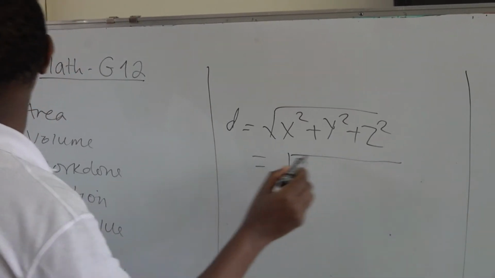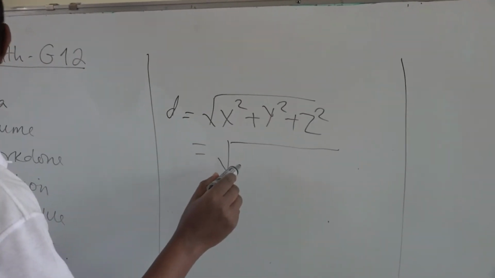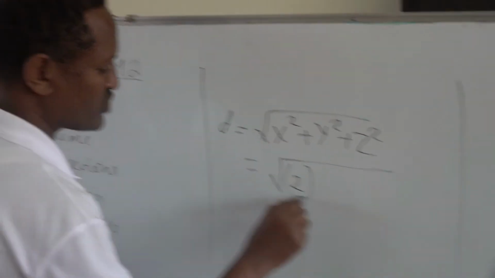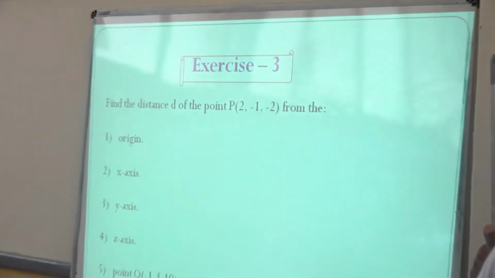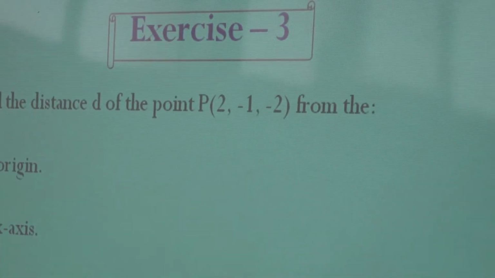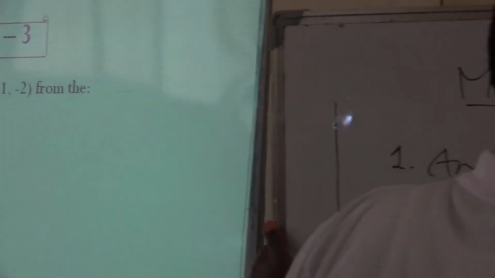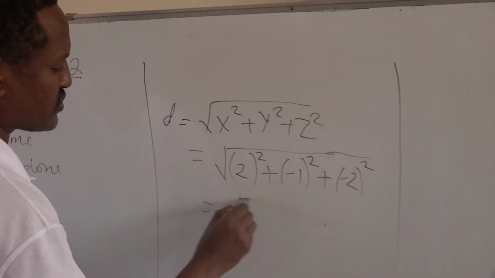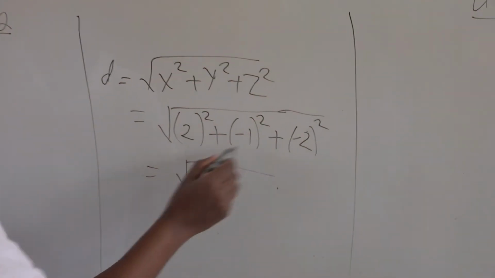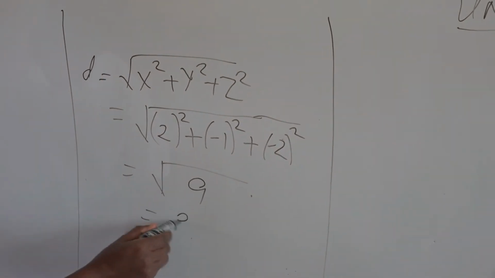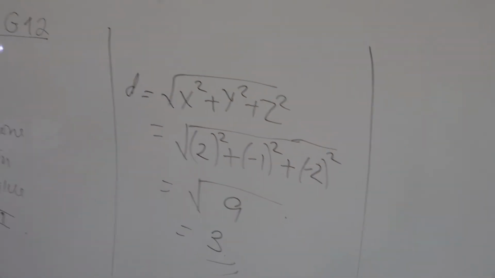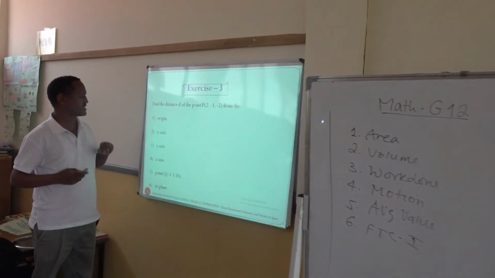My x, y and z are 2, -1, -2. So you have 2 square, -1 square, -2 square, the square root of 4 plus 1 plus 4, that is 9. Square root of 9 is 3. So the distance of this point from the origin is 3.